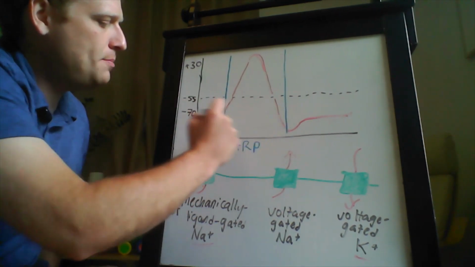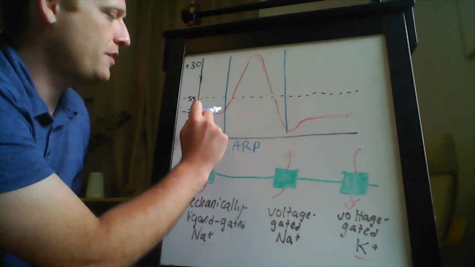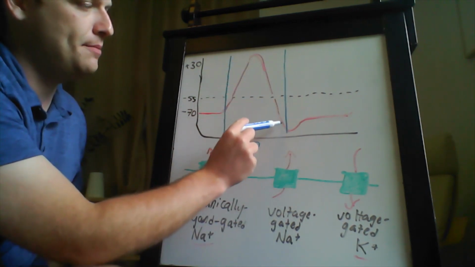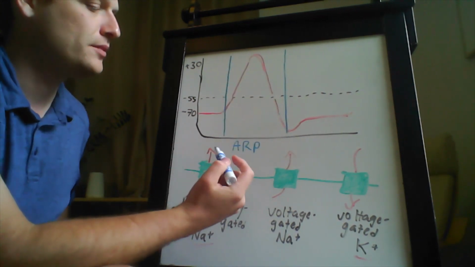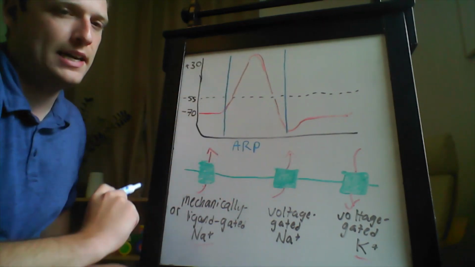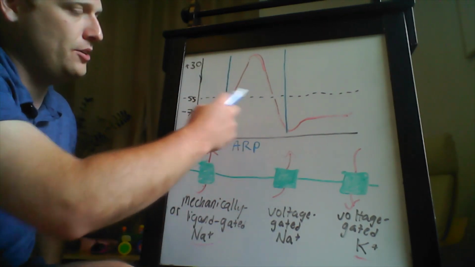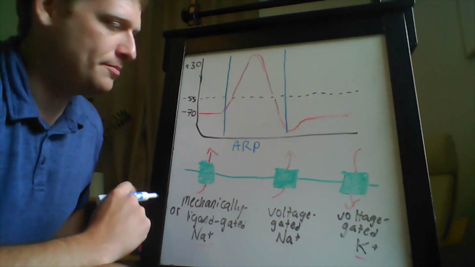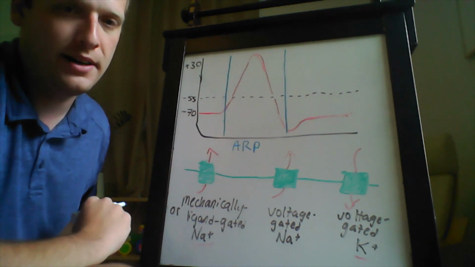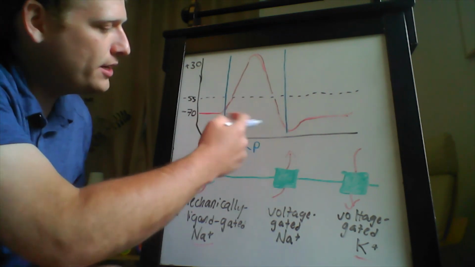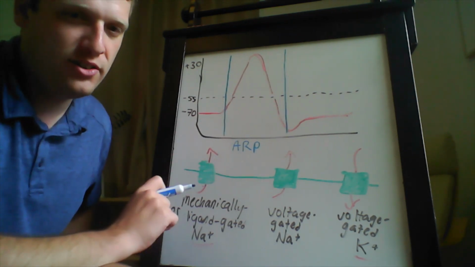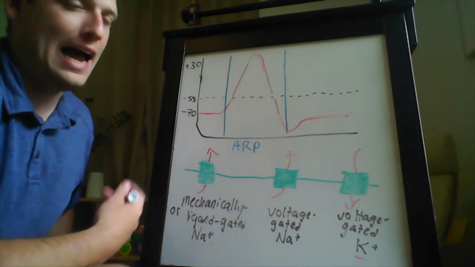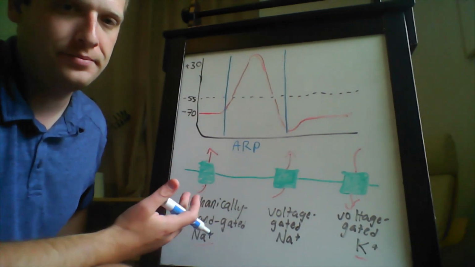So during this period, when you've got those voltage-gated sodium channels opening and then the voltage-gated potassium channels opening, this is the period of the action potential. What absolute refractory period means is that during this period, any additional stimulation is not going to cause an action potential to occur again.